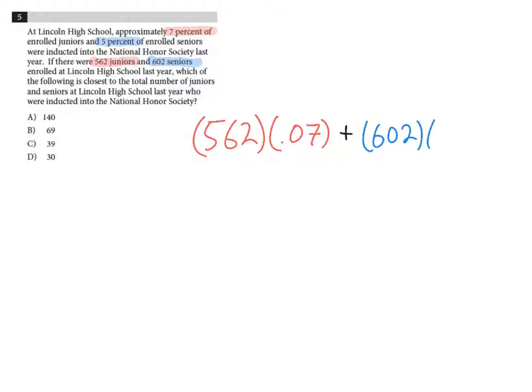Okay, so what we're going to have to do is we're just going to add these up. I'm going to do these color coded. So we're going to do 562 juniors, and we're going to multiply that times 0.07, 7%, plus we had 602 seniors, and we're going to multiply that by 0.05.